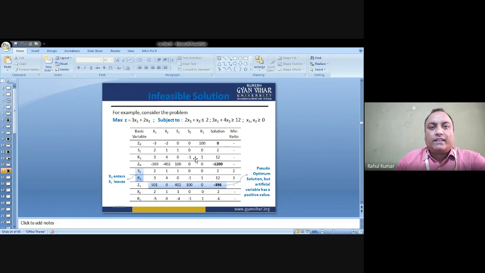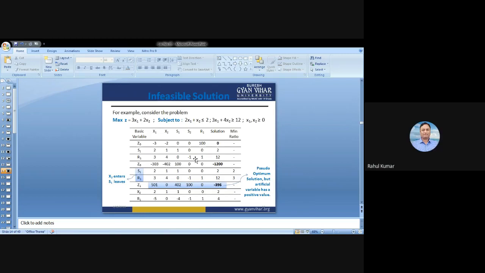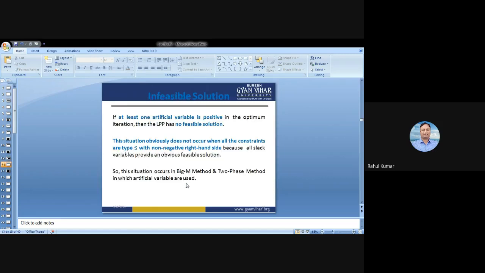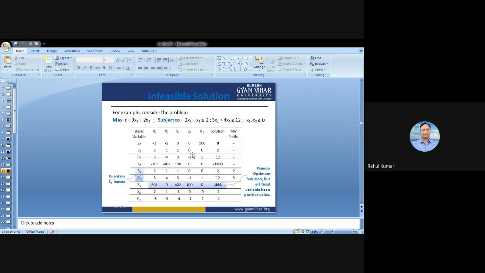In the previous case, with less than or equal to, the slack variable is 1. But in this case, the mathematical sign is changed, so the slack variable value is minus 1. And r1 is also 1, and this is 12.